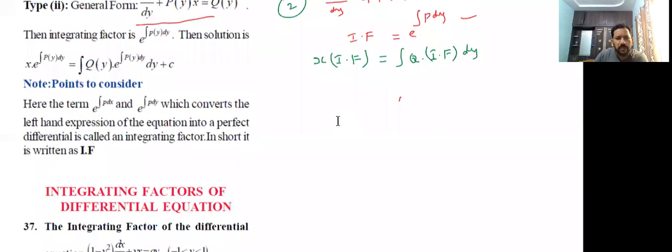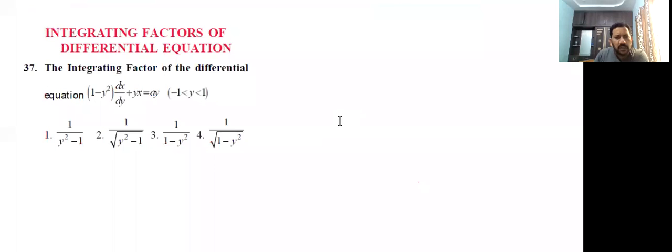See the first problem: the integrating factor of the differential equation 1 minus y square into dy by dx plus yx is equal to ay. First convert it into the general form of a linear differential equation.